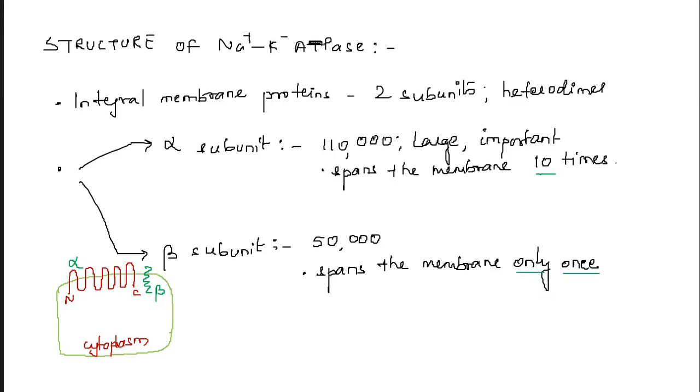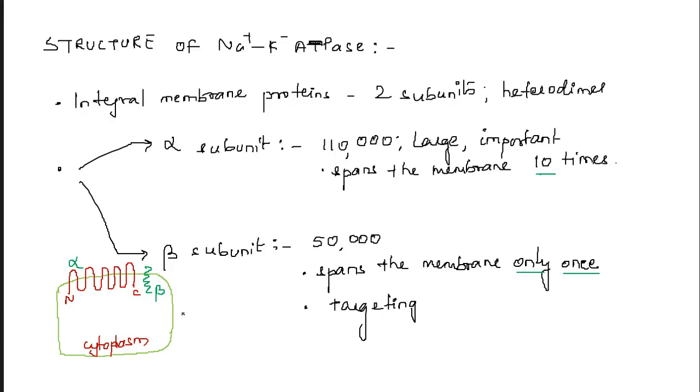What is the role of the beta subunit? It helps in targeting. When the proteins are synthesized, they are targeted to the membrane.